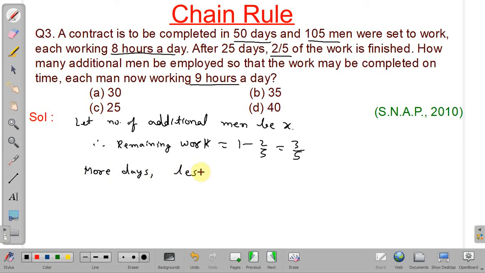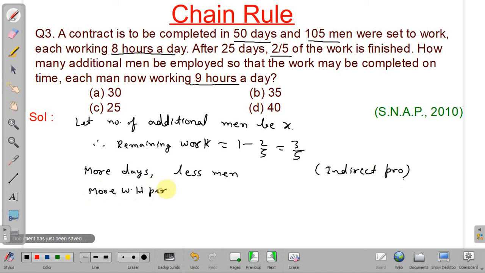So it is indirect proportion. Next one is more working hours per day, less men will be required. So it is also indirect proportion.